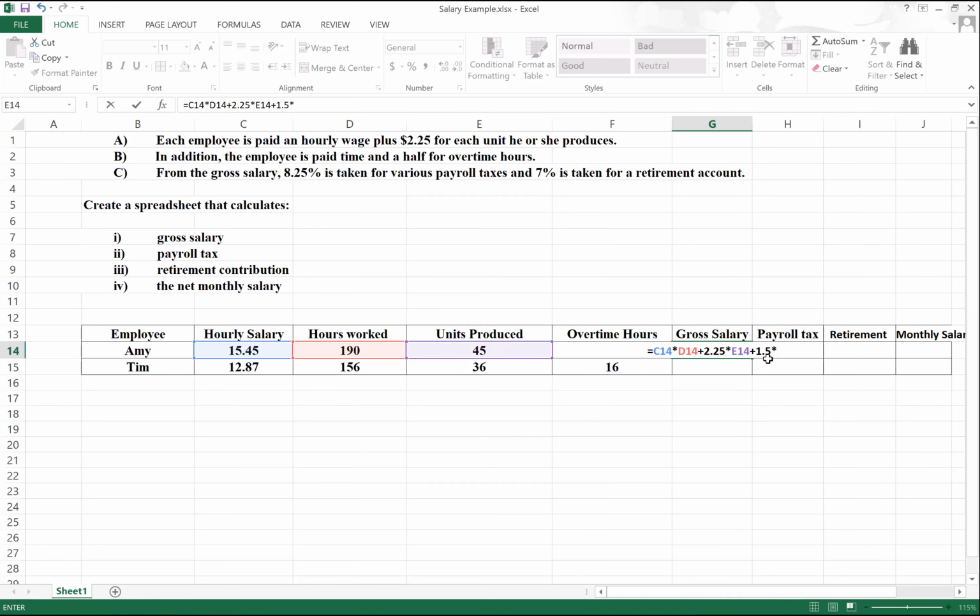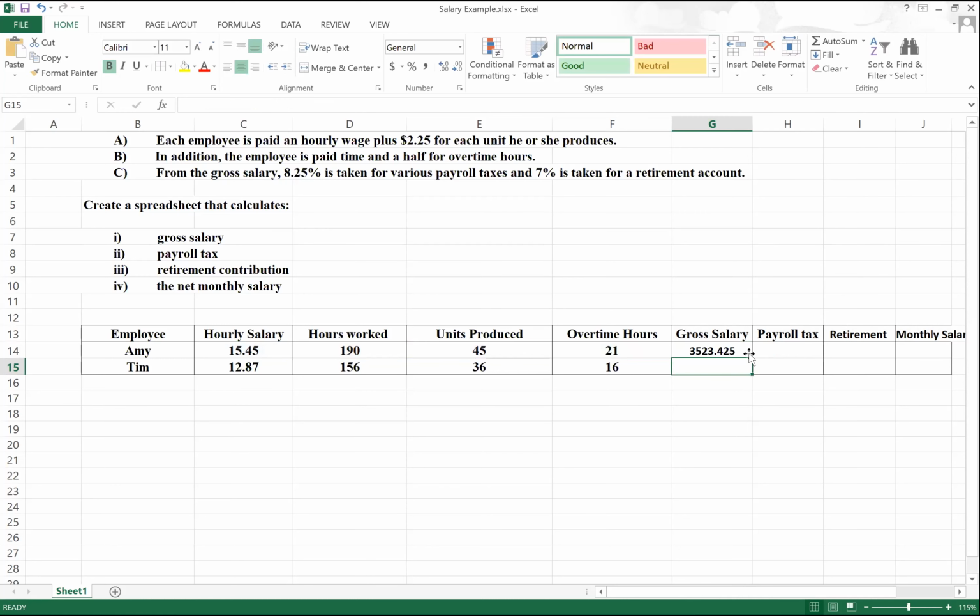So 1.5 times hourly salary, C14, multiplied by the overtime hours, which is F14. And that should give us all 3 elements of the gross salary. Then enter, and it should give us the result.